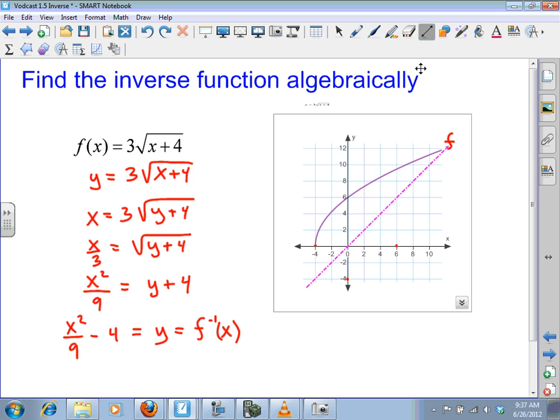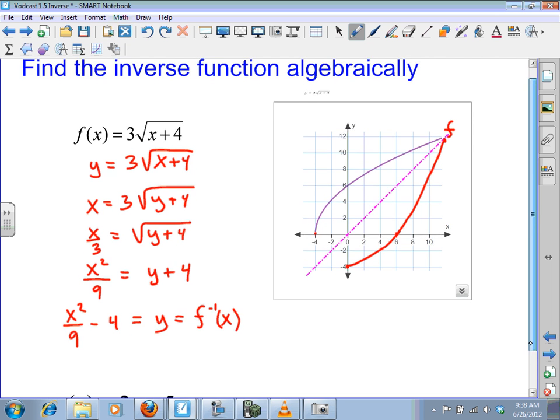It looks like that point right there. I don't have any other really great points, but my graph should look something like that. They should look approximately like reflections over the line y equals x if I did a good job. And there you have it. So that's how you find it algebraically, and you should check your results when you're done.